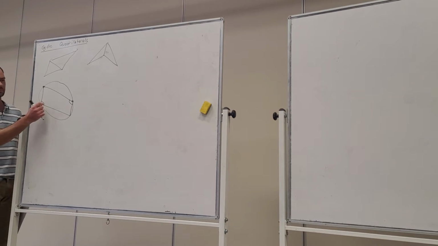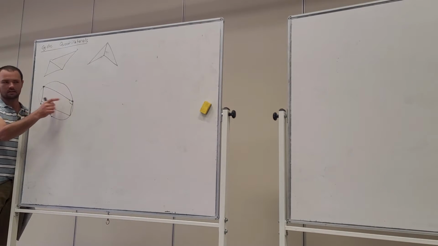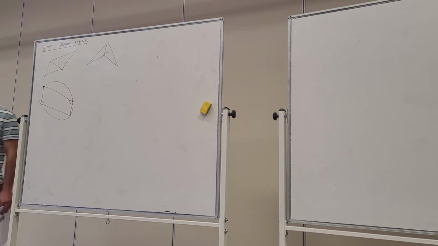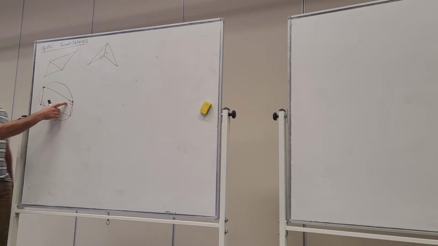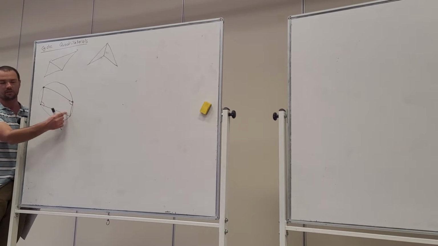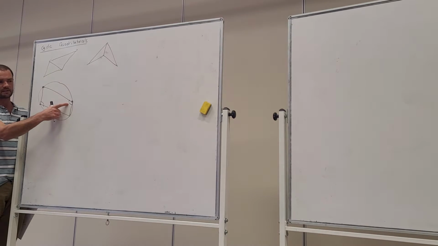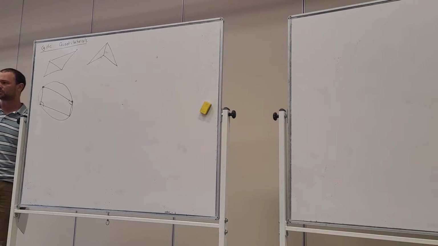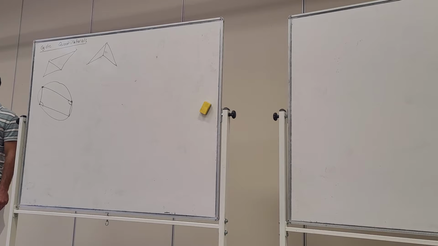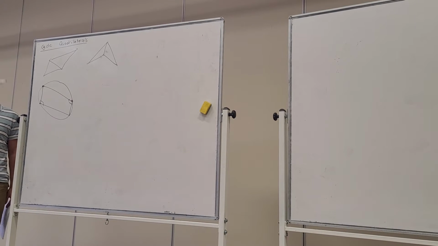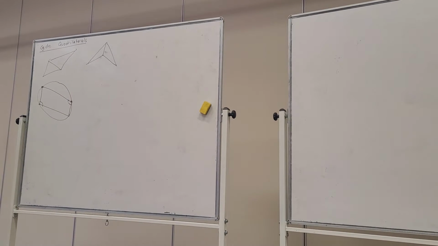So this plus this is going to be 180. And this plus this is also going to be 180. If we have one pair of opposite angles that are supplementary, it means the other one has to be as well by elimination. So if we have one pair of angles that are supplementary, it means it's a cyclic quadrilateral, which means a circle can be drawn around the outside of it.